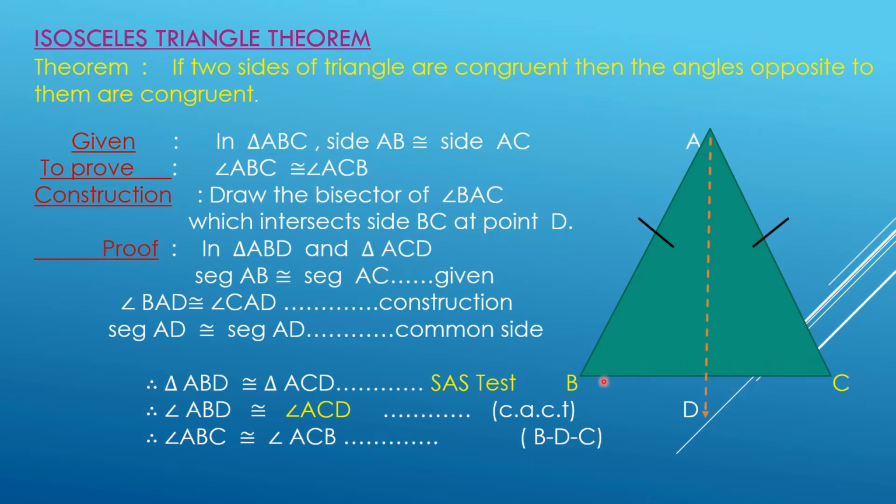And therefore angle ABC is congruent to angle ACB, since B, D and C are on the same line, that is B-D-C. Therefore angle ABC is congruent to angle ACB.